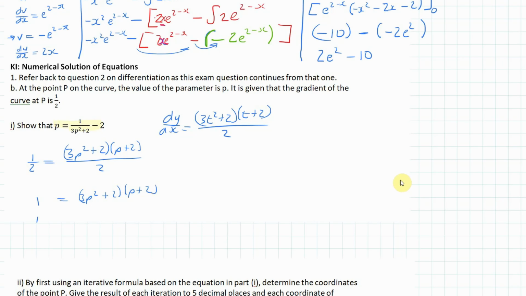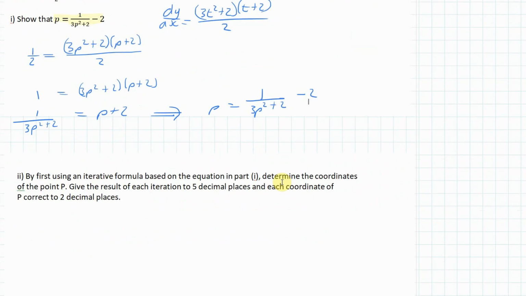So I would get 1 over 3p squared plus 2 equals p plus 2. And that leads us to what we're trying to prove. So p is equal to 1 over 3p squared plus 2, take away 2. So that wasn't so bad.